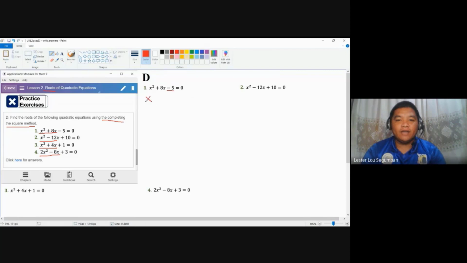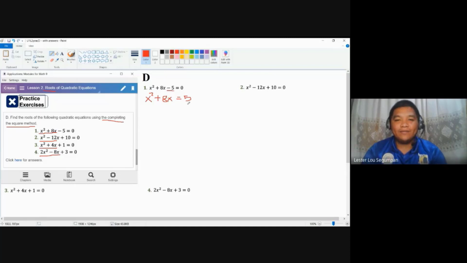So you have x squared plus 8x is equal to 5. Again, we are moving the constant because that is the only item that is making this expression not factorable. We cannot move the term with x here. We also cannot move the x squared, because these have variables.